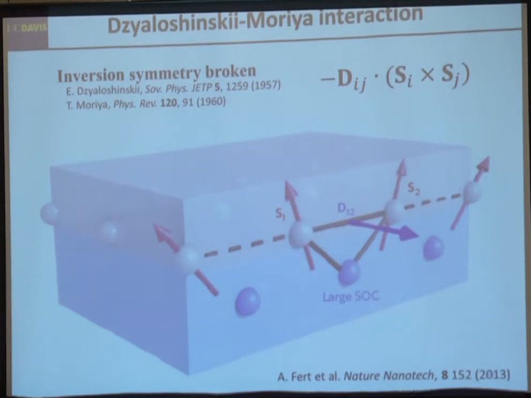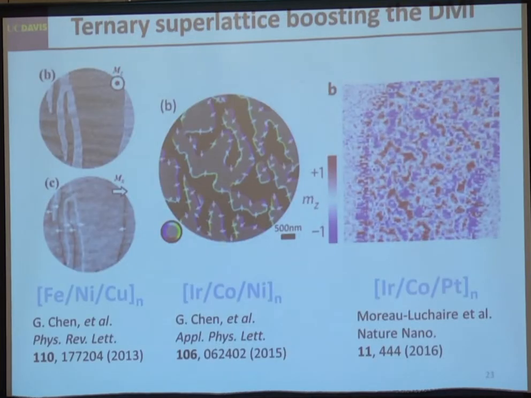So it's important to tailor the DMI if you want to get this chirality stabilized in the system. And what is popular is to try to understand how the DMI is located and how you can engineer the multilayer stacking to enhance the DMI. We did try to use this ABC stacking, which a lot of people use right now, in either iron-nickel-copper or iridium-cobalt-nickel, where we show evidence of enhancement of interfacial DMI by using this tailored superlattice.